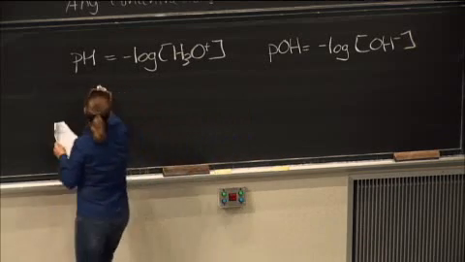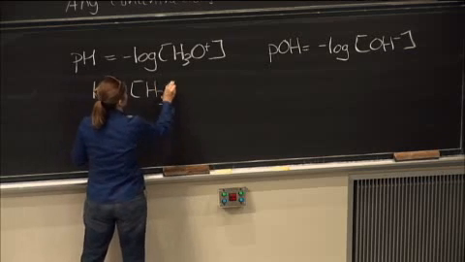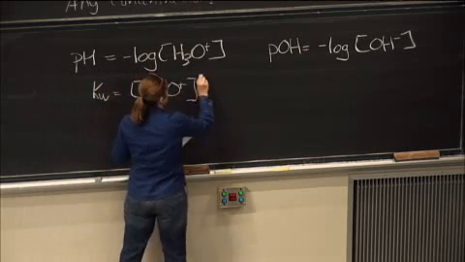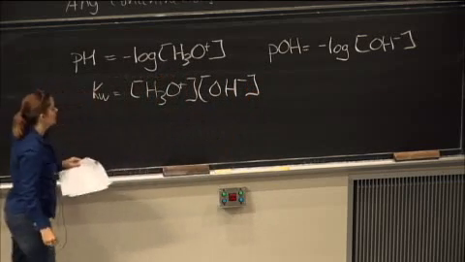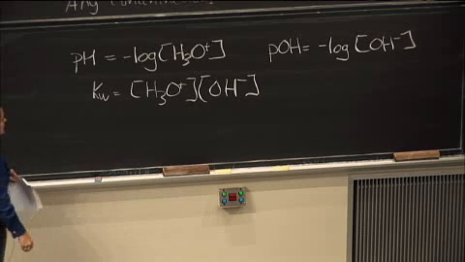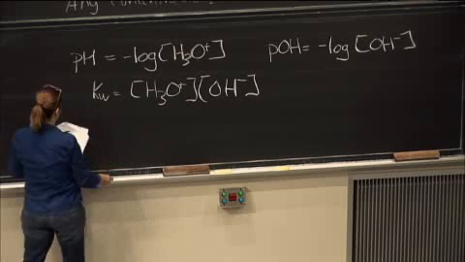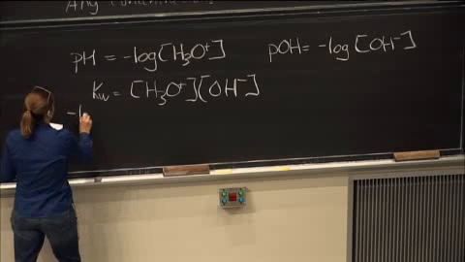I just told you that Kw is equal to the concentration of hydronium ions times the concentration of hydroxide ions. And now we can express this in another very useful way for you. If we take the log of all sides, actually let's take the minus log of everything.